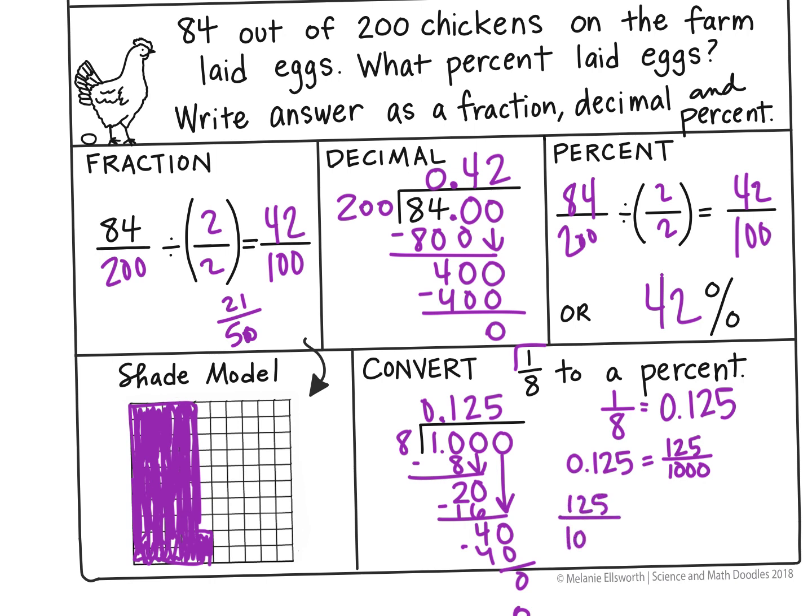Percents have to be out of 100. So I know that whatever I put right here has to be out of 100. Well, how do I get from 1,000 to 100, Eli? What do I divide by? I divide by 10.